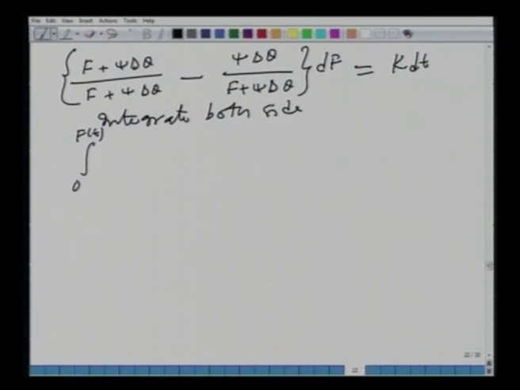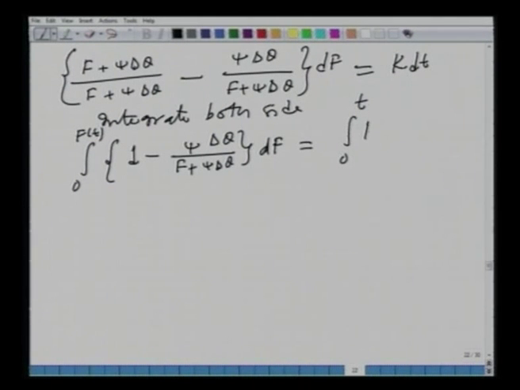On the left hand side the limits will be 0 to F, and what we have is 1 minus psi delta theta over this dF is equal to, the limit between 0 and t, of K dt. Okay. After integration and putting the limits, you can do that.